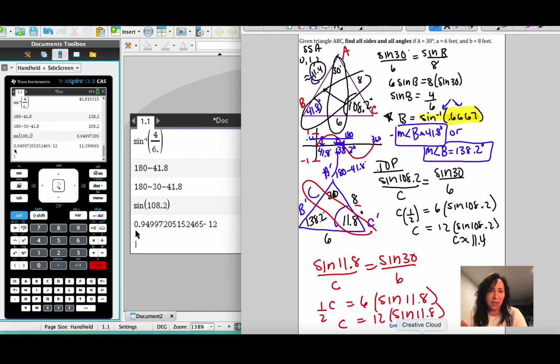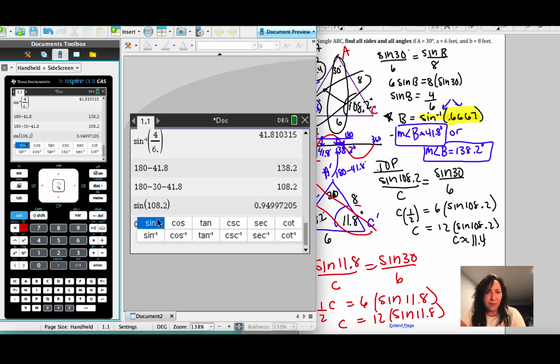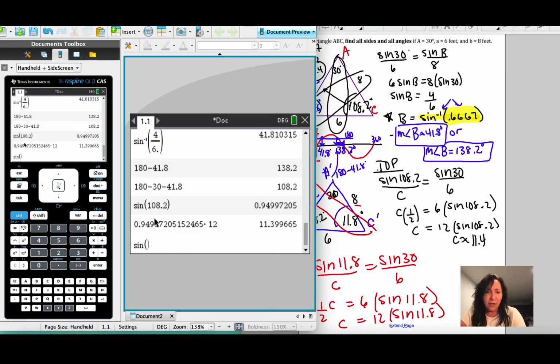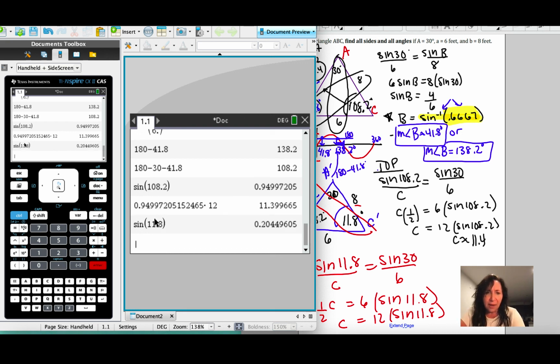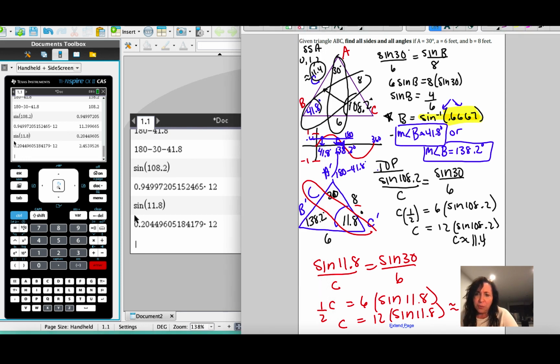So on my calculator, I'm going to go trig, sine of 11.8, and equals, and then multiply that by 12, and I get 2.45. So this is approximately 2.45, and so that's my other c value.